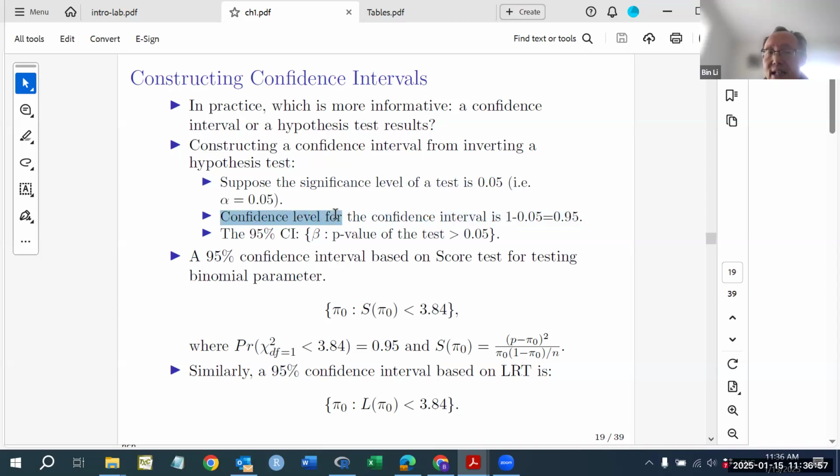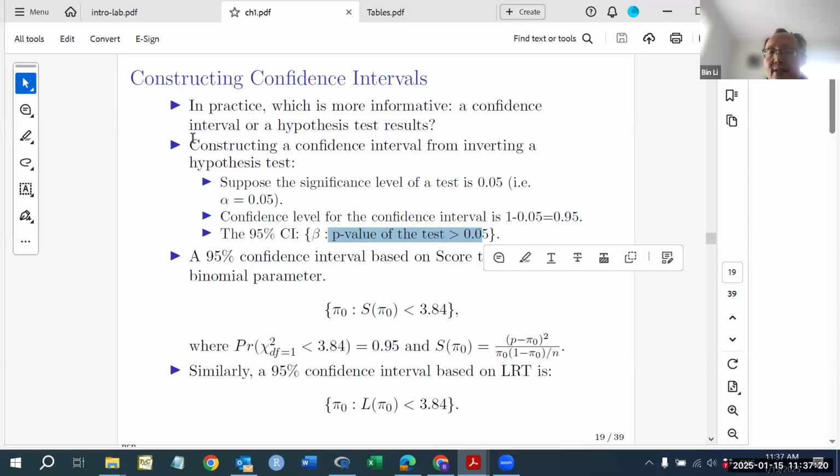So the confidence level is just 1 minus the significance level of a hypothesis test. And then the 95% confidence interval is the set of parameter values that makes the p-value greater than 0.05.